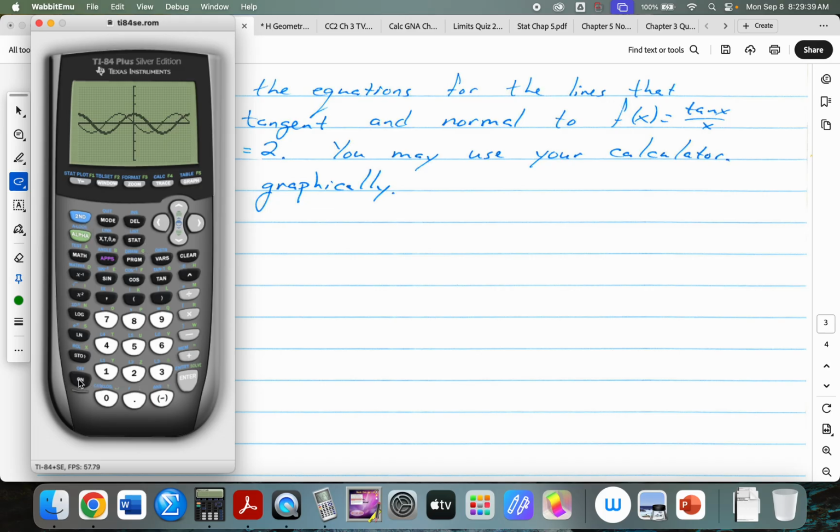So let me wake this back up and quit out of this and do math 8. To get to the derivative, I want the derivative with respect to x of tangent of x over x at x equals 2.